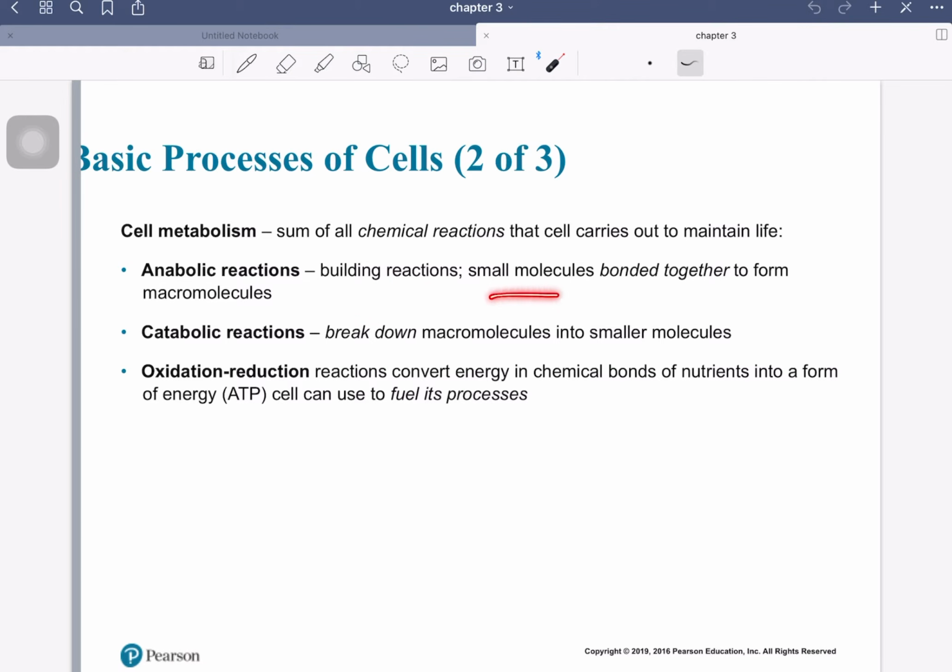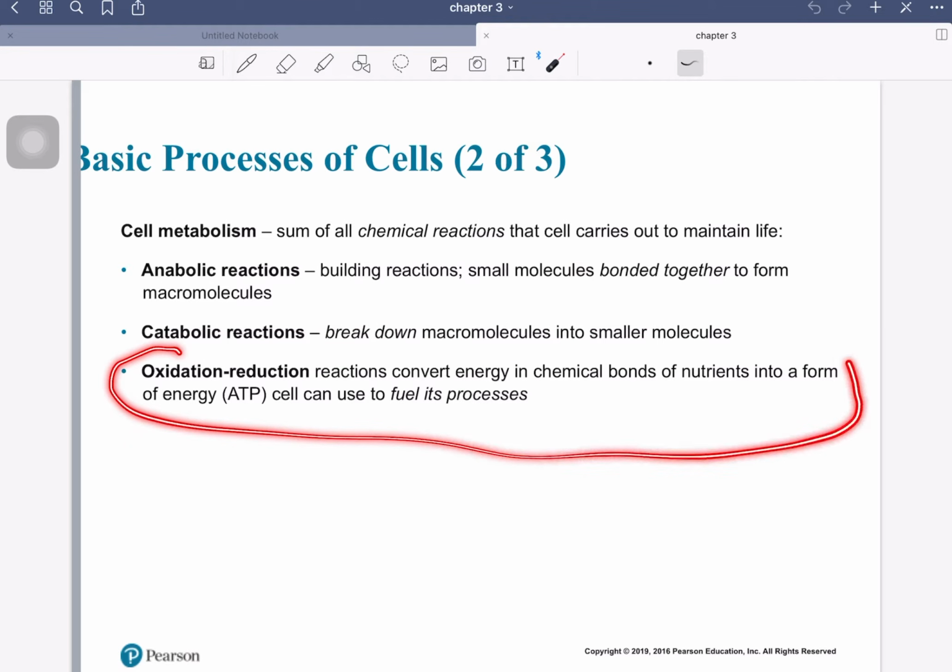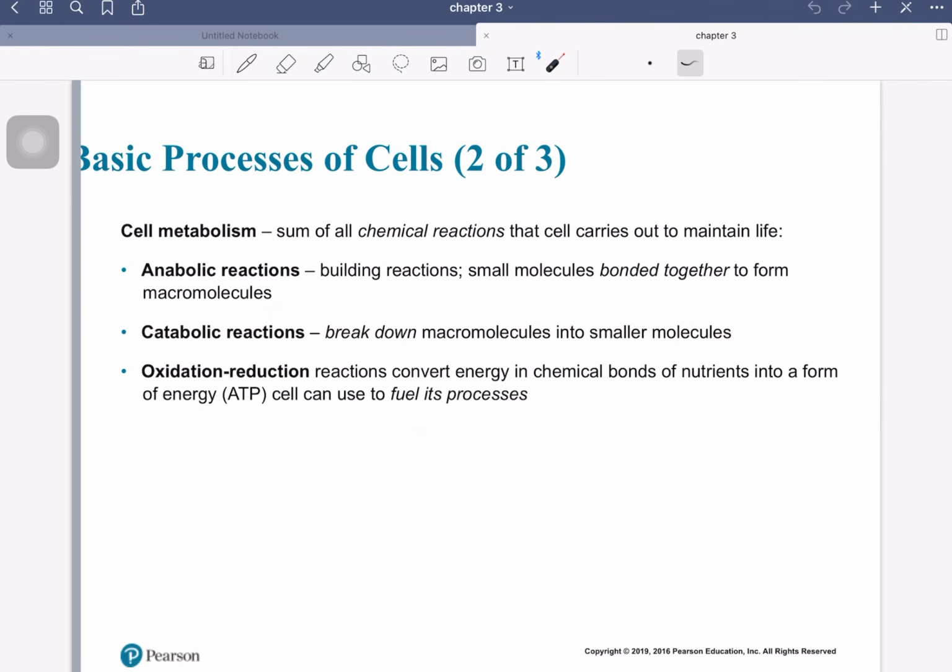They're about small molecules bonded together to form larger molecules. Catabolic are breaking down molecules into smaller molecules. And then, of course, there was the redox, and the redox are really tied in with storage and release of energy. And of course, the main unit of energy is ATP, adenosine triphosphate.